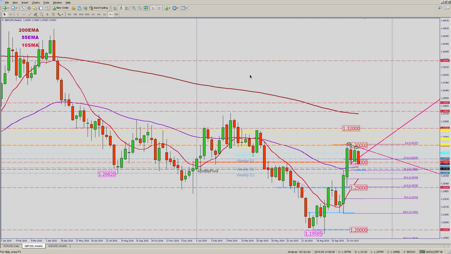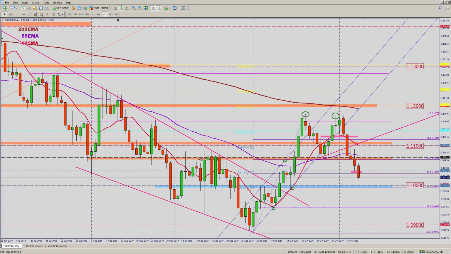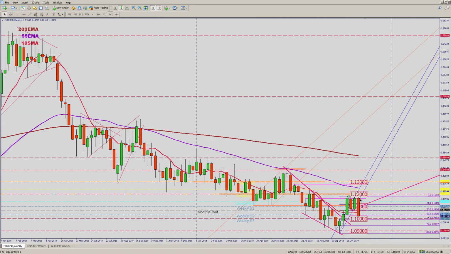Let's also take a look at the cable, and you can see the cable also retracing lower, drifting down, as well as the euro, and there's a bearish engulfing candle for the week and heading towards the 110.00 level.